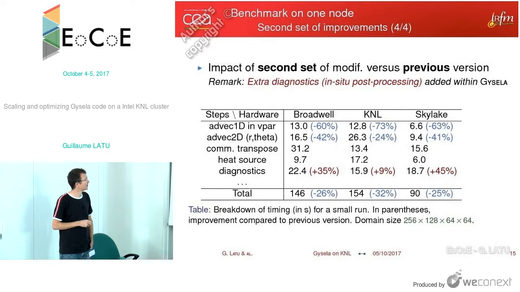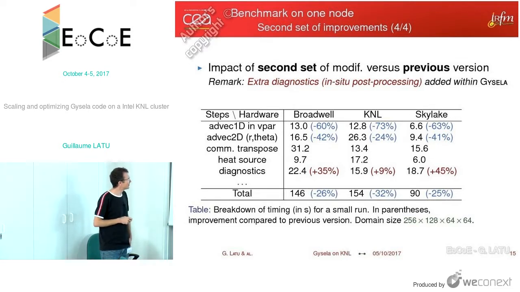It's really a huge improvement on KNL here on 1D advection, because 1D advection was on V parallel, which is the most external variable. The bad news is that physicists have added some diagnostics, in situ processing, so we have lost something here. But that's the way it goes.